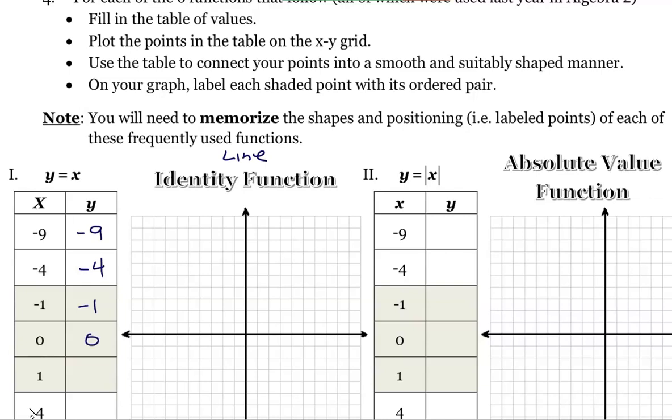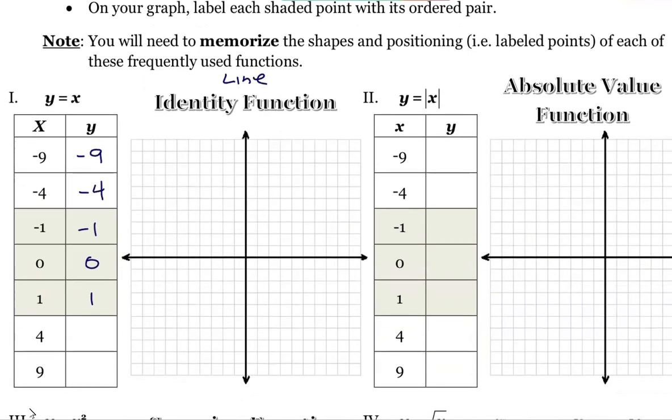All right, so that's going to be your values. And then when we plot this, it's a line that goes through the origin. Okay, so this is what you want to recognize as the identity function. Okay, there you have it.